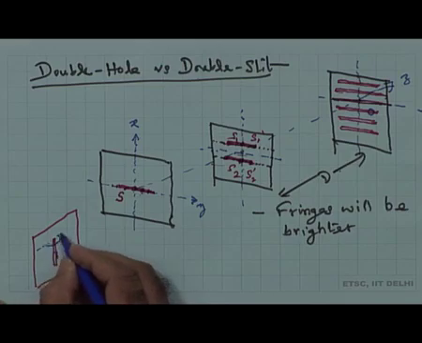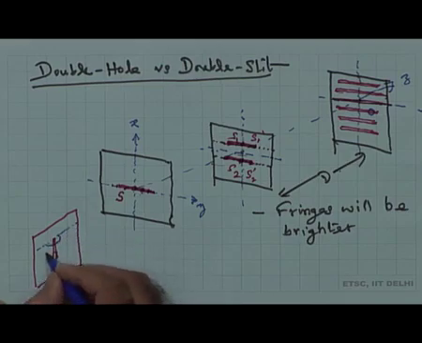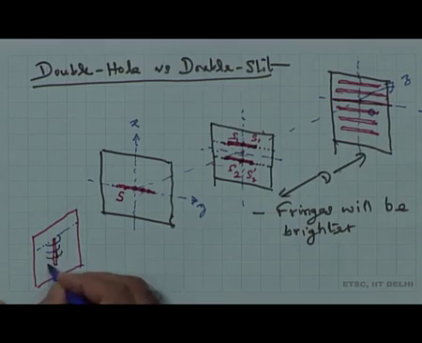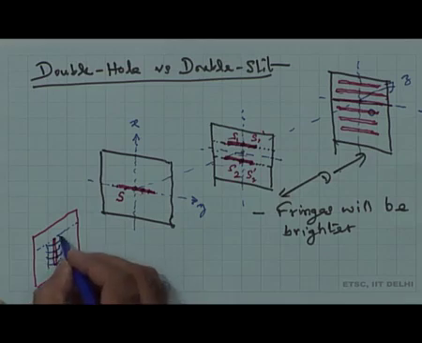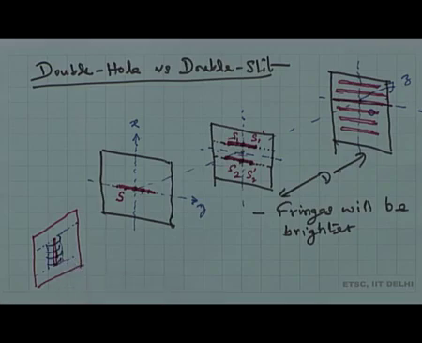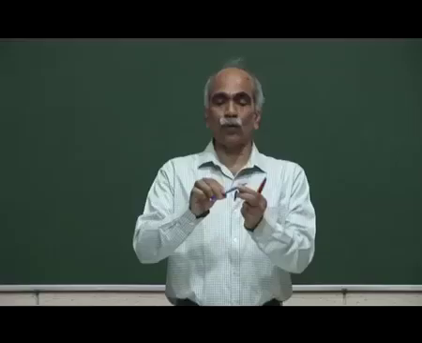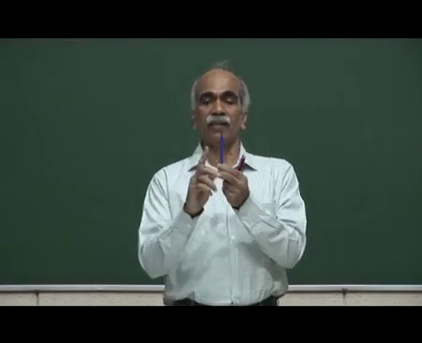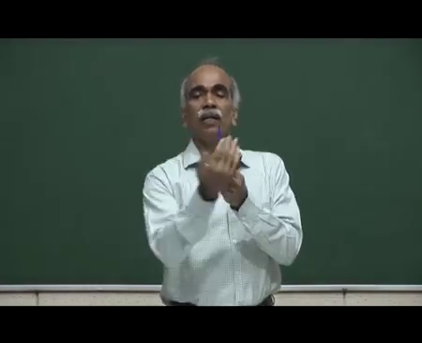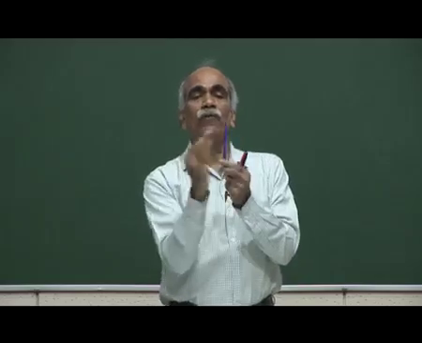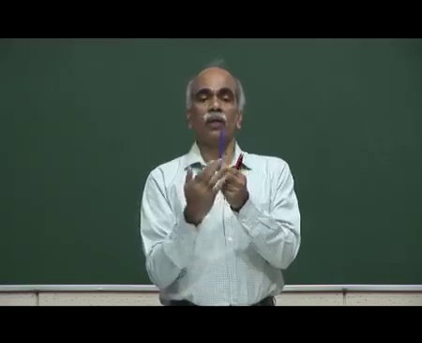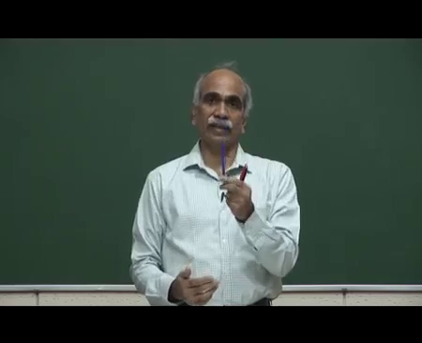So, this is on the plane. So, cylindrical waves. If you have a long slit, then this is a cylindrical wave which is coming out. Whether we have a horizontal slit or a vertical slit, we will have cylindrical waves. So, the wavefront will be cylindrical because of the long slit.